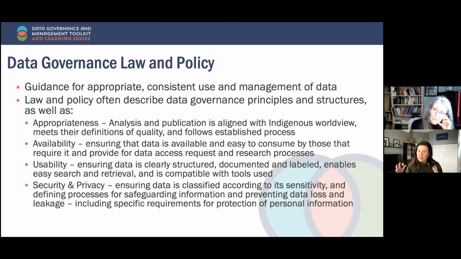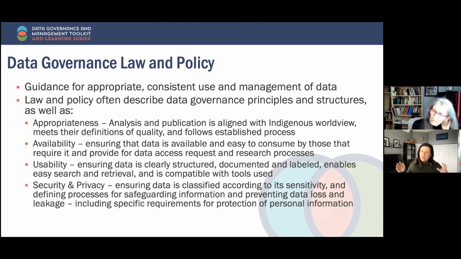So what is appropriate use? It may talk about availability. It'll outline some parameters around the availability of data, how easy it is to access, and provide for things like the data access request process. It'll talk about potentially usability, like standards to say that a certain classification system will be followed, and there'll be standardized terms and definitions.